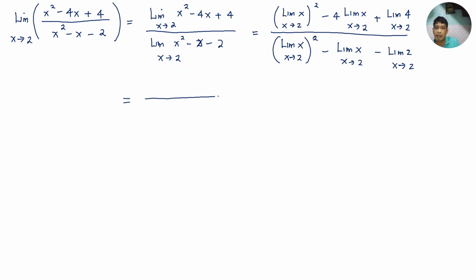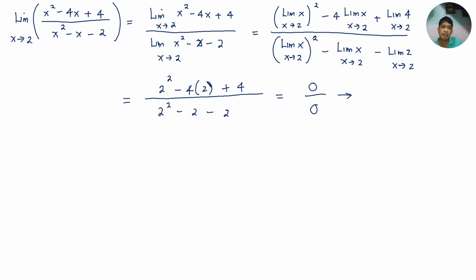Simplifying this, we have 2 raised to the second power minus 4 times 2 plus 4. And then we have 2 squared again, minus 2 minus 2. And this gives us 0 over 0.